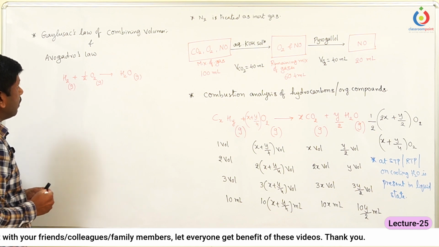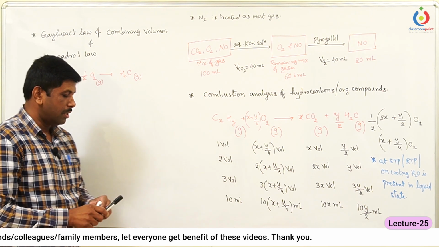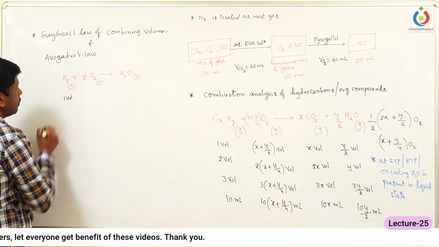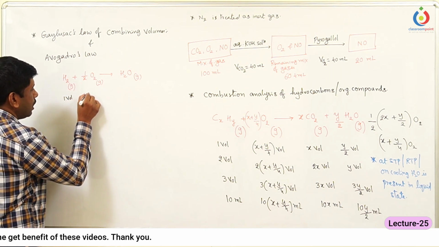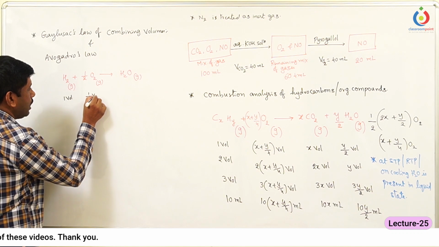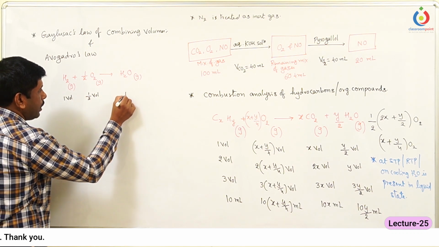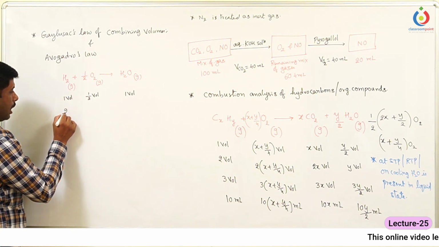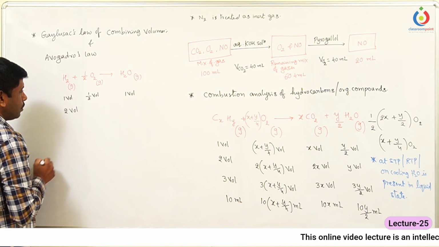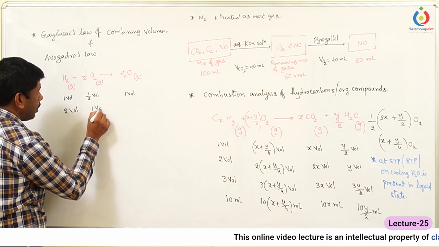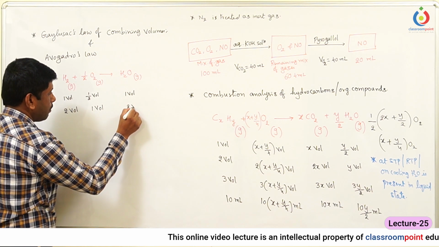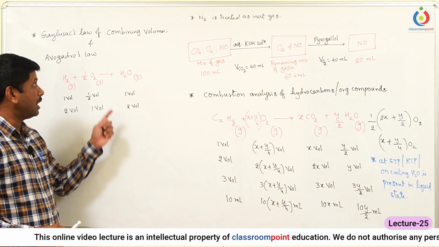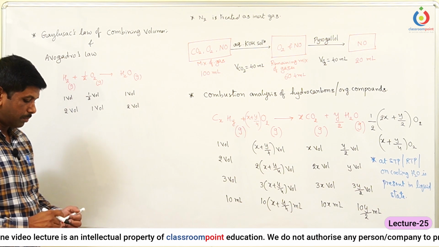So Gay-Lussac's law of combining volumes, that is what we applied here, says that one volume of H2 always reacts with the half volume of the oxygen and produces one volume of the H2O in gaseous state. And if you take 2 volumes of H2, then you need 1 volume of the oxygen and it shall produce 2 volumes of the H2O in the gaseous state. That is what Gay-Lussac's law says.